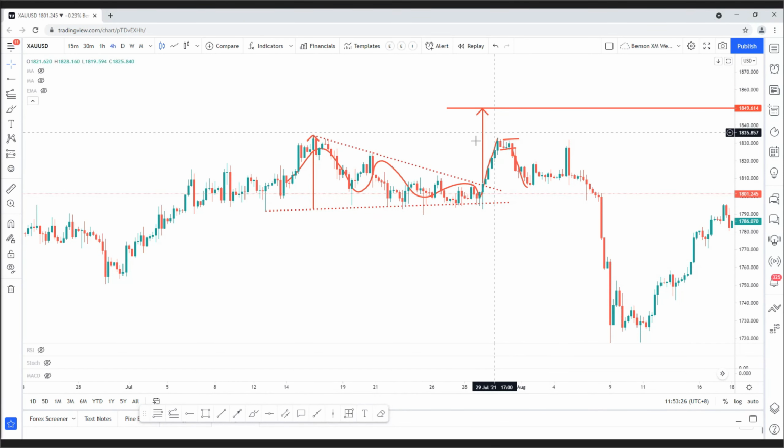But you see the price action, surprisingly, does not go all the way up. It just reversed in the middle of this resistance. So I do emphasize that this kind of measurement is for estimation purposes only.